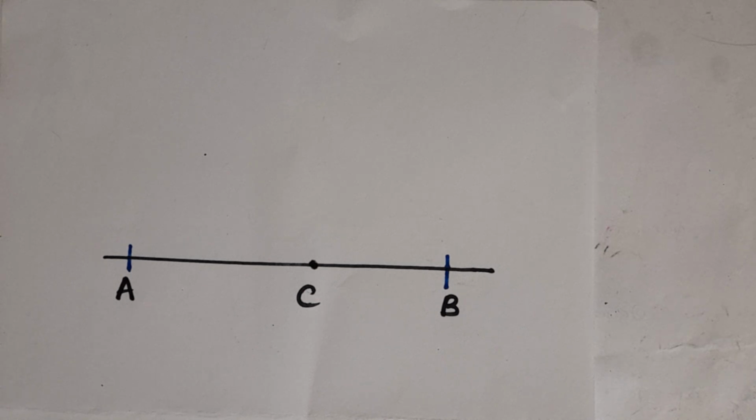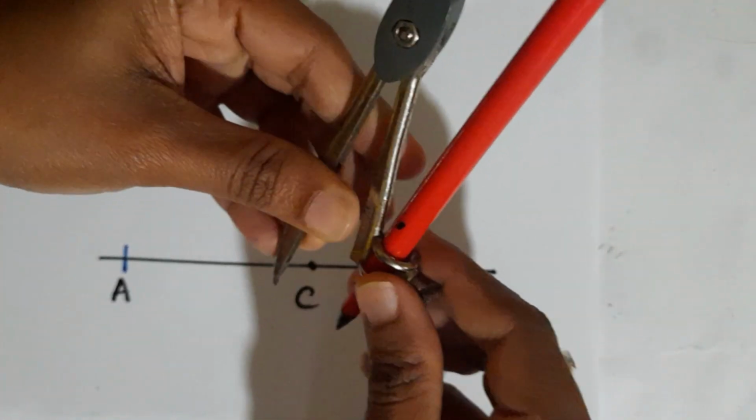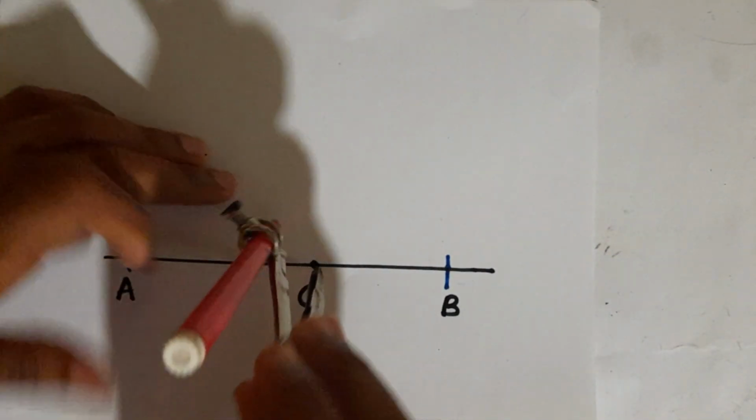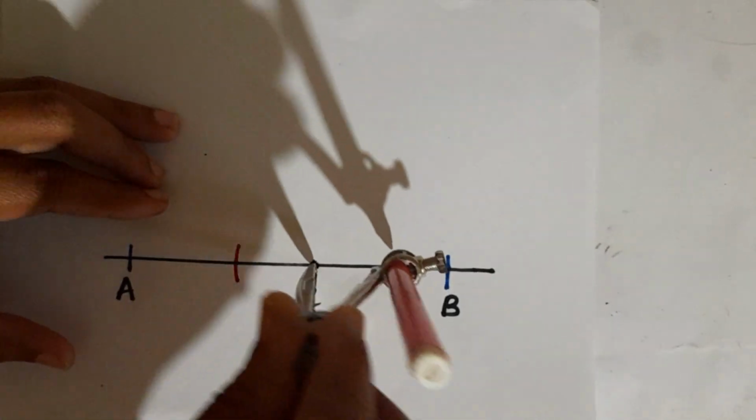Then taking some distance on the pair of compasses and keeping the point of the compass on C, we have to draw two arcs on either side of the point C on the straight line like this.